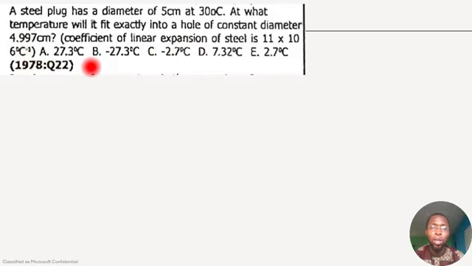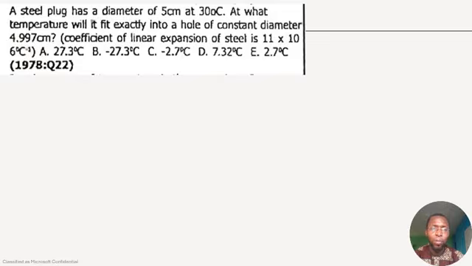Take note of that. Option A, we have 27.3 degrees Celsius. B, minus 27.3 degrees Celsius. C, minus 2.7 degrees Celsius. D, 7.32 degrees Celsius. And E, 2.7 degrees Celsius.